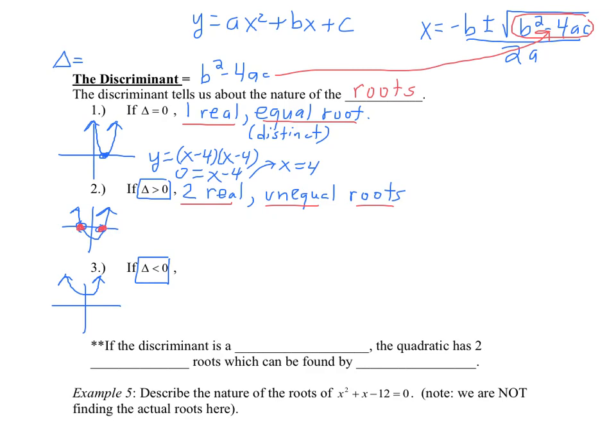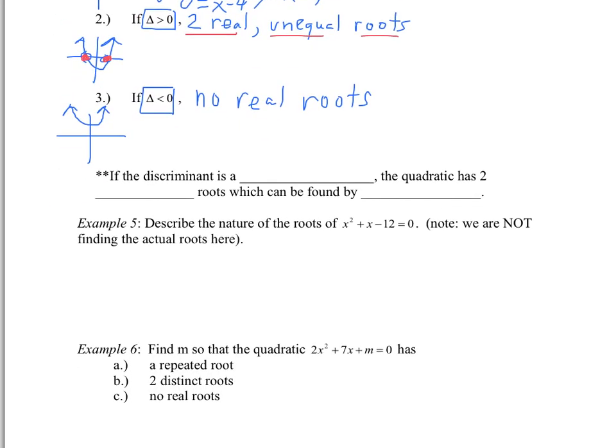You know you can't have a negative underneath the radical. So that would suggest we have no real roots. So if you were to calculate your b squared minus 4ac and you get something like negative 7, you know there are no solutions. No real roots.